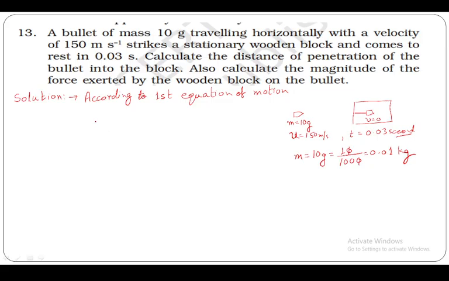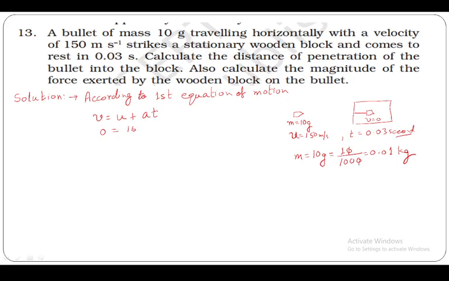According to the first equation of motion, v is equal to u plus a into t. What is the velocity v? Velocity v is 0. And what is u? Initial velocity is 150 meter per second.